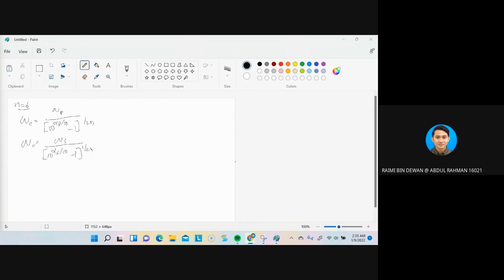So just now you need to put in these values. What is our omega p? From just now, our omega p is actually 10.